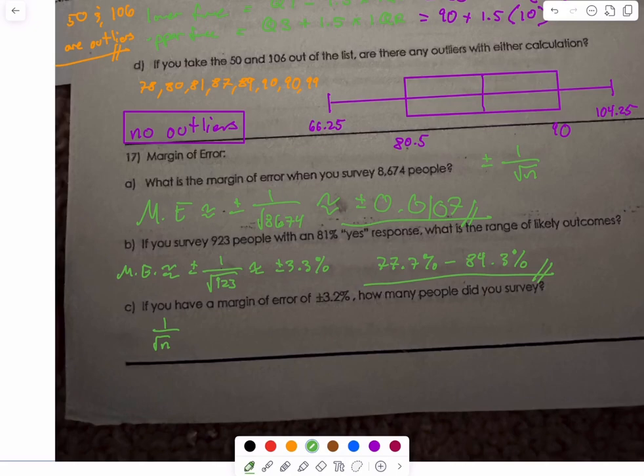Normally it's plus or minus, but we're going to square both sides and that'll get rid of the plus or minus. So we got plus or minus 3.2%.